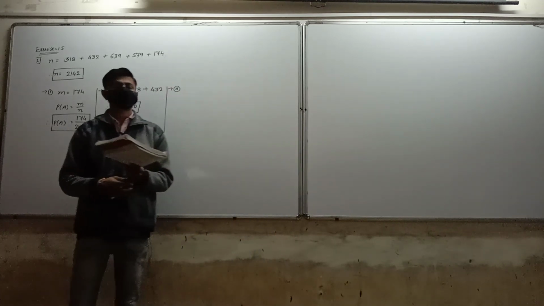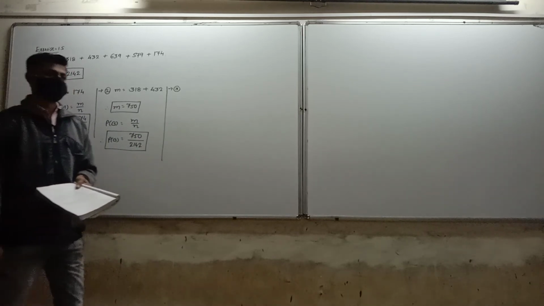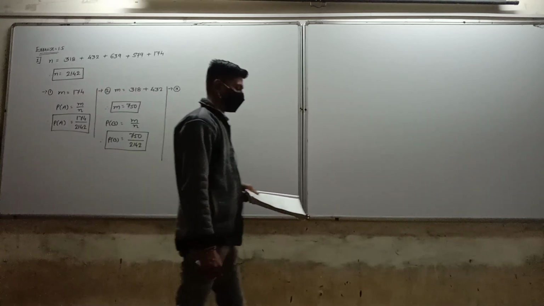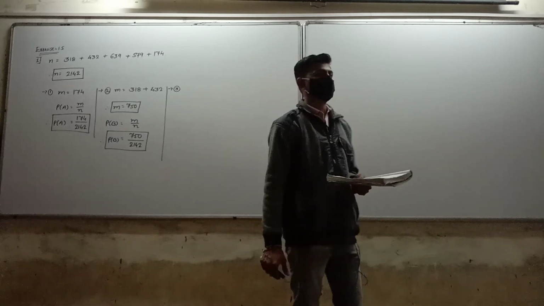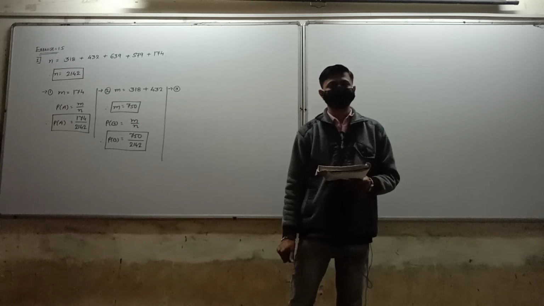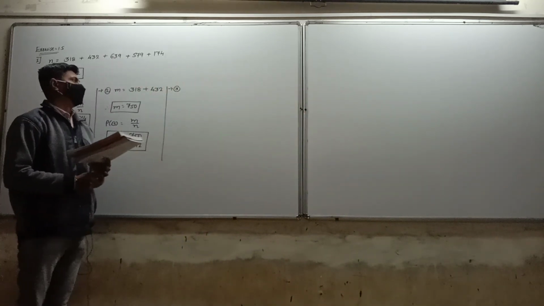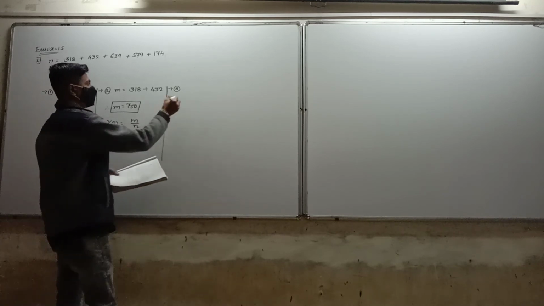New line. Favorable outcomes of event C is, okay, between, 3 column total.